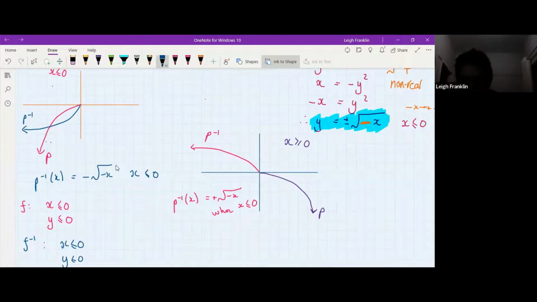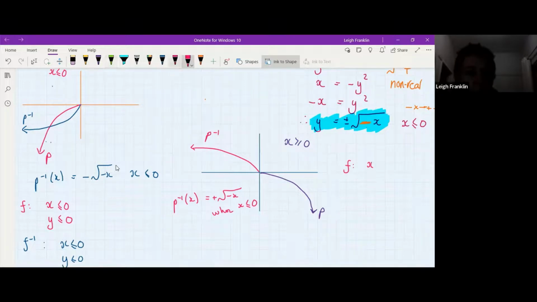Okay, for this one over here, it's going to be different. So let's write down for our domain, we've got, sorry, it's the purple one.